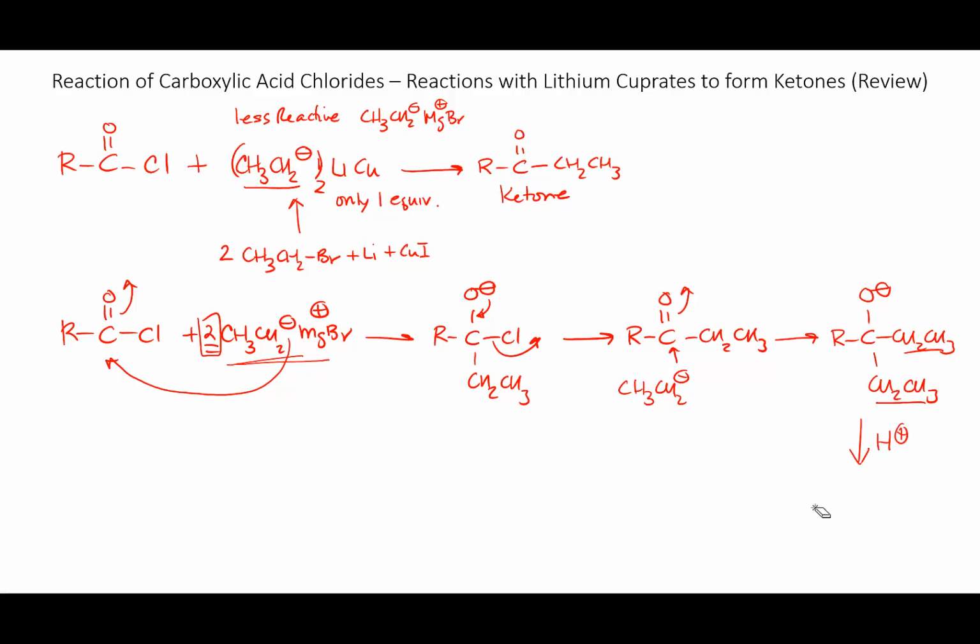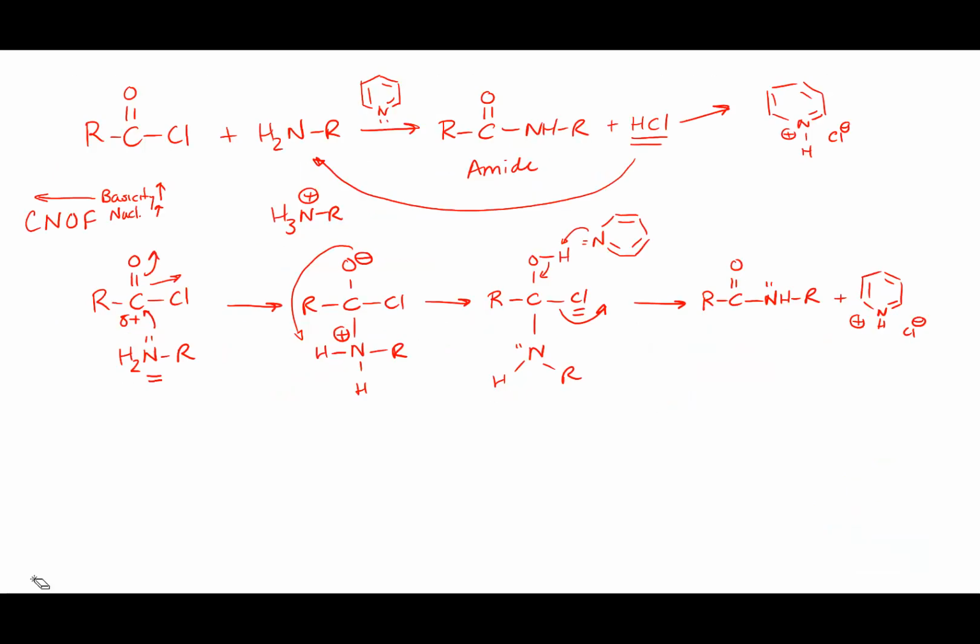So then we would add RH plus H2O to that, and we would end up forming the tertiary alcohol, where 2 of the groups came from the Grignard. So that's the difference between a cuprate, which is less reactive and only adds 1.